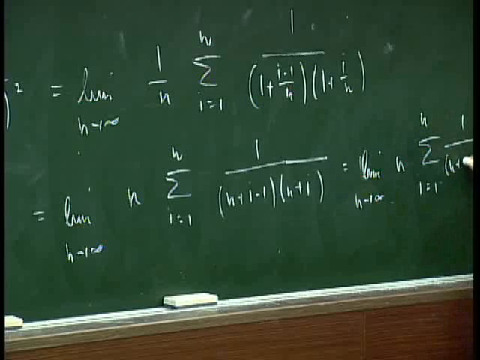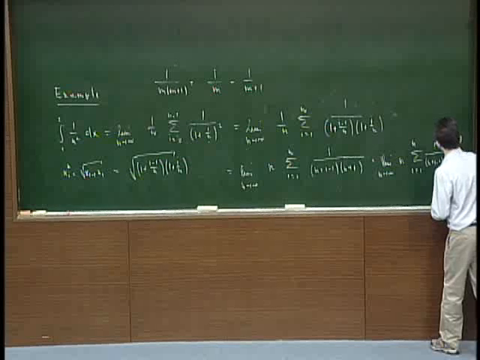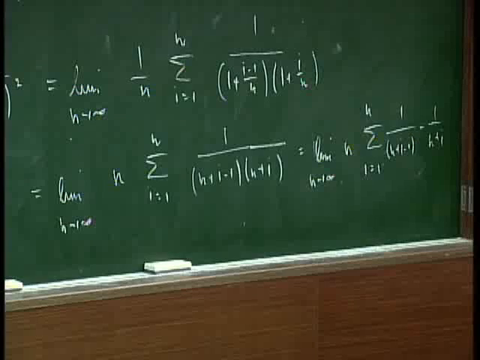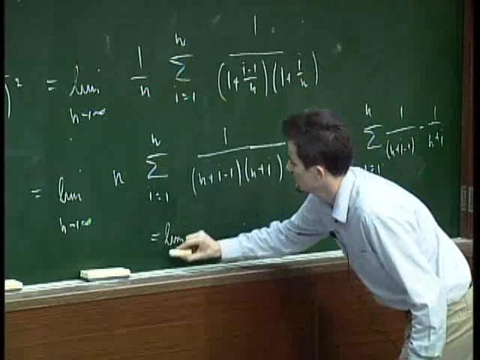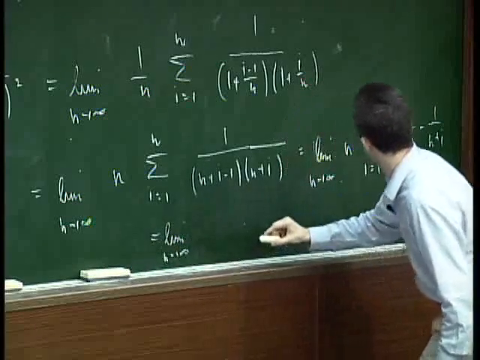One is 1 over (n plus i minus 1) minus 1 over (n plus i). And now you see here something interesting, the telescope sum.